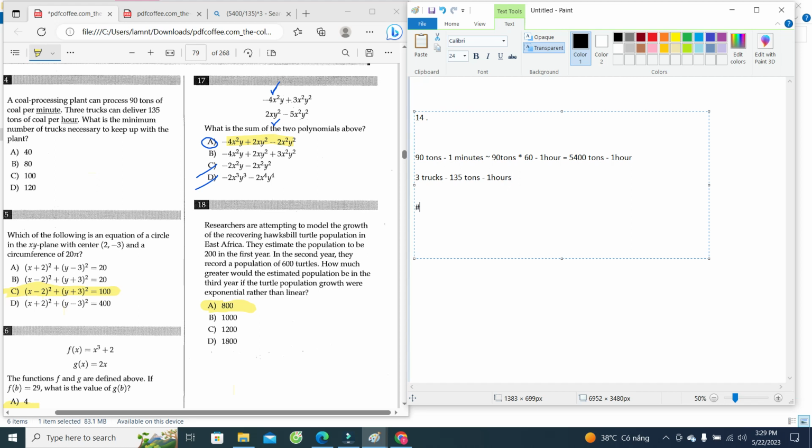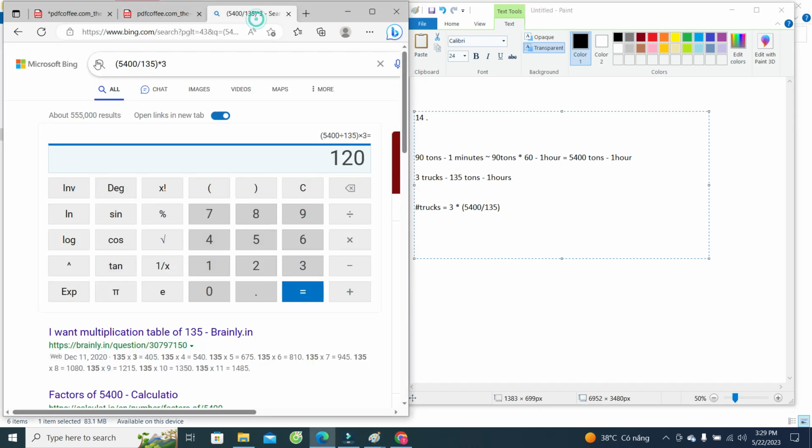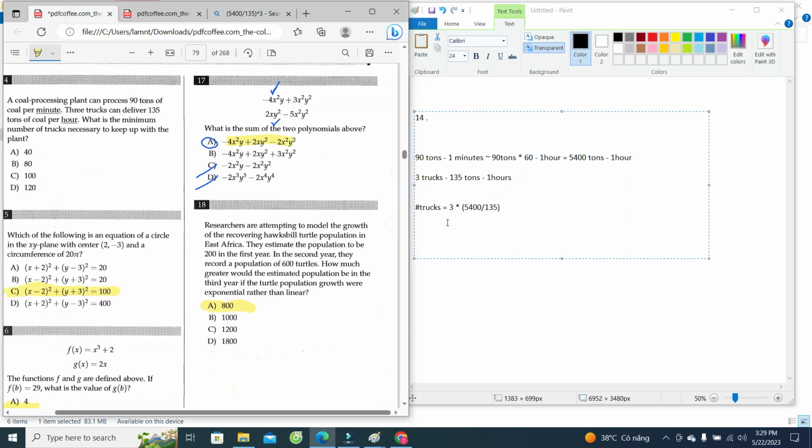So the number of trucks, because we have a multiple of 3 here, is 5,400 divided by 135, and the answer is 120. So the answer is going to be D.